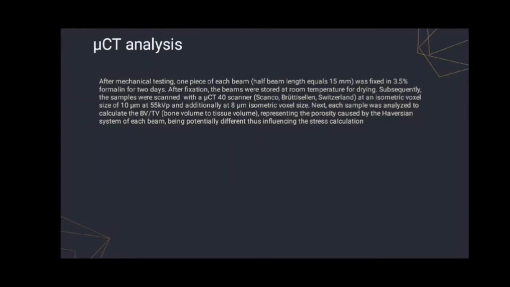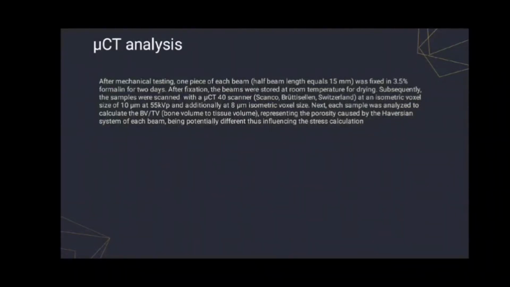Micro-CT analysis. After mechanical testing, one piece of each beam, half beam length equals 50 mm, was fixed in 3.5% formalin for 2 days. After fixation, the beams were stored at room temperature for drying.